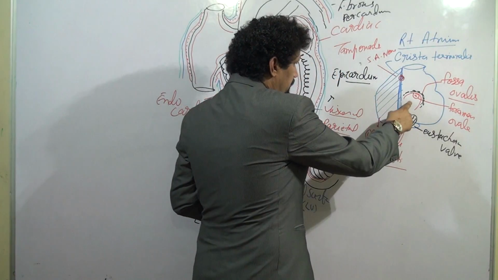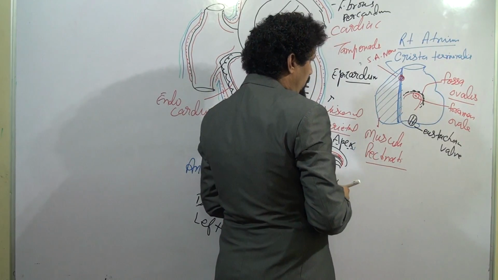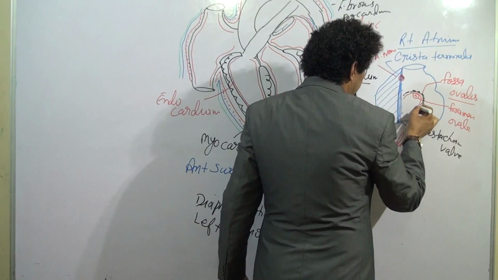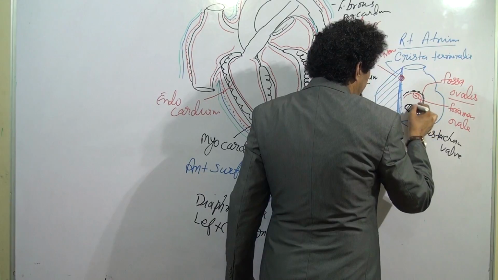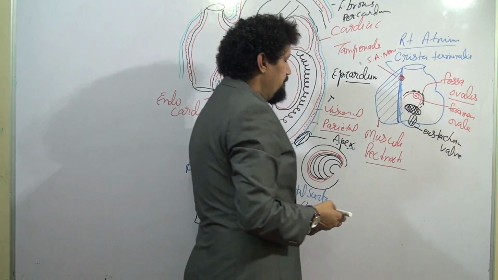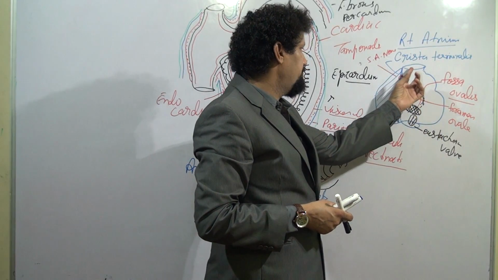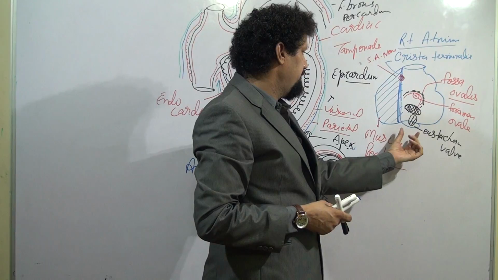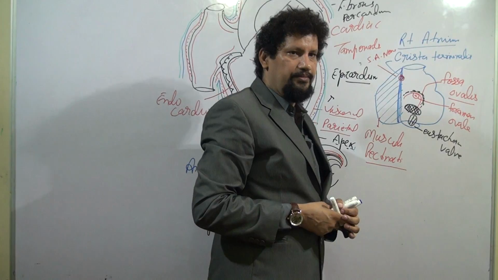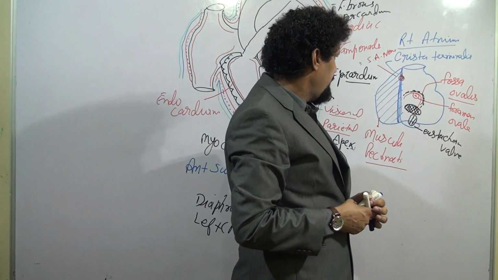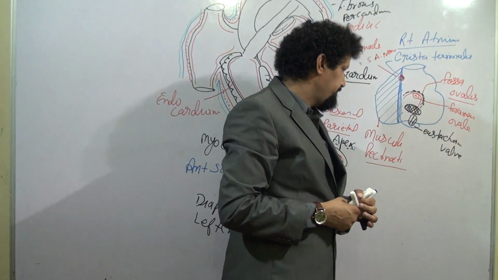The inferior part of the fossa ovalis has an opening of the coronary sinus. This is the major venous channel of the heart. So the posterior smooth part has the openings of the superior vena cava, the inferior vena cava, the coronary sinus, and it has the remnant of the obliterated foramen ovale known as the fossa ovalis.